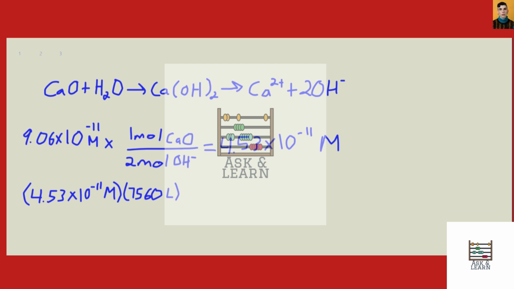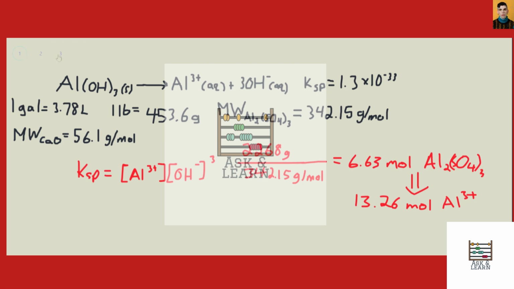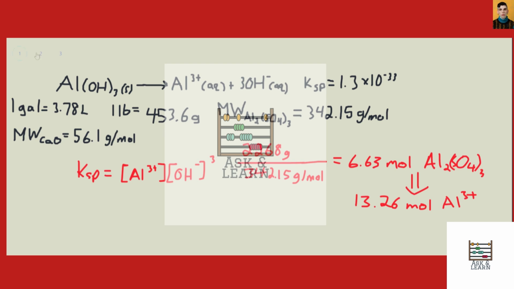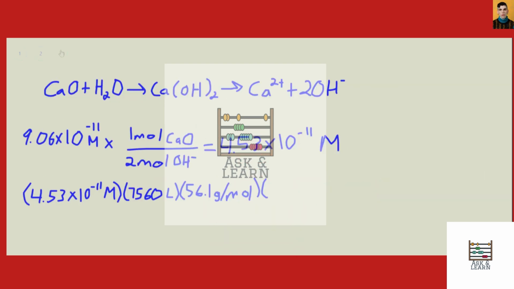Then we're going to multiply that by the molecular weight, which is 56.1 grams per mole. And then we're going to convert it to pounds, so we have 1 pound per 453.6 grams.